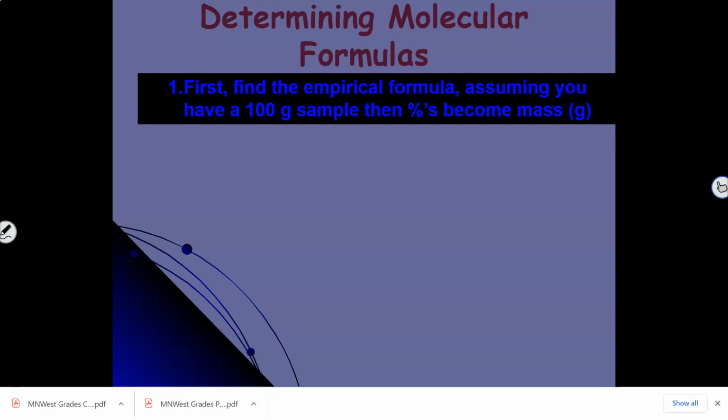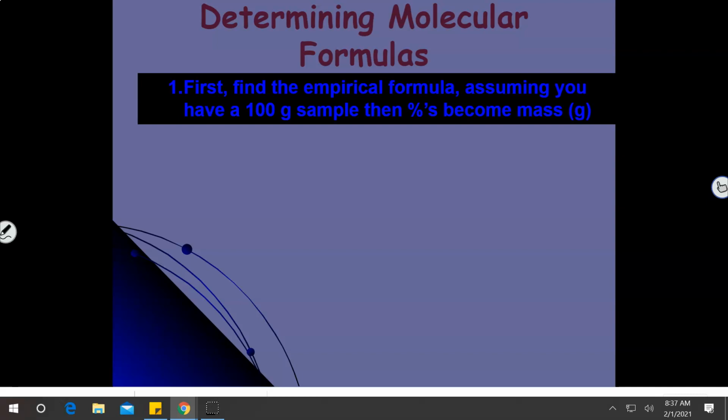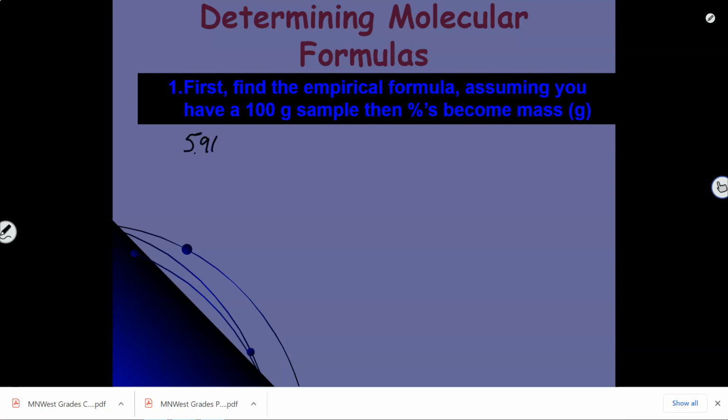So now we have 5.90 grams of hydrogen times, we got to convert them to moles just like we did with the other ones. 1 mole of hydrogen, remember, is 1.01 grams of hydrogen. Get that to cancel out. When I do this, I got 5.84 moles of hydrogen.